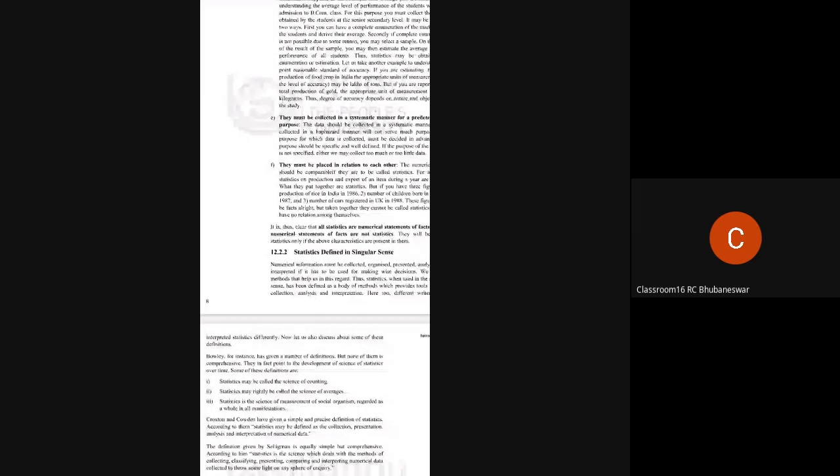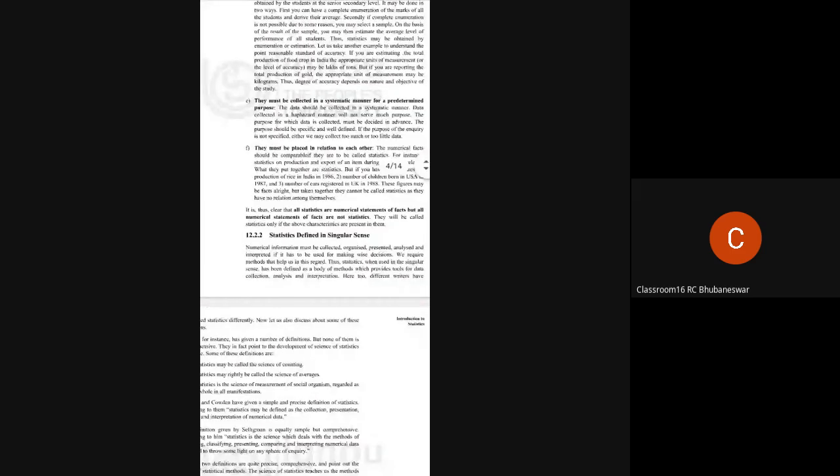As per the singular sense, statistics is defined as a body of methods which provides tools for data collection, analysis and interpretation. Whatever methods are included come under the definition of singular sense. Under that definition, 3 points are given.